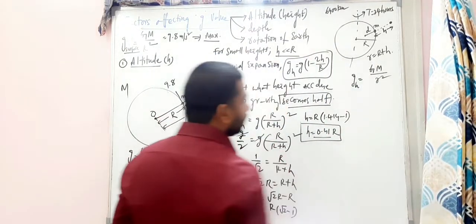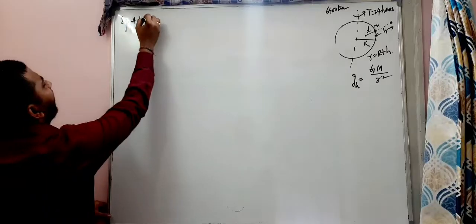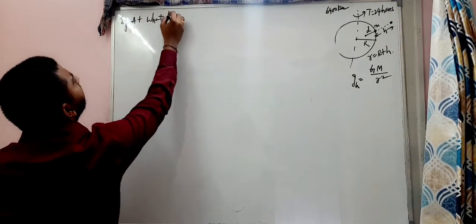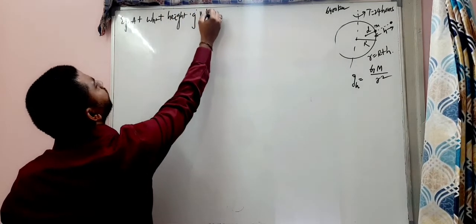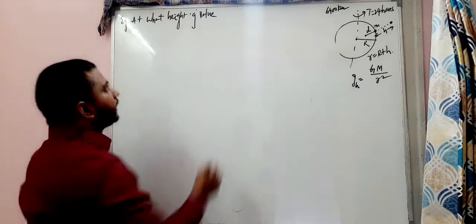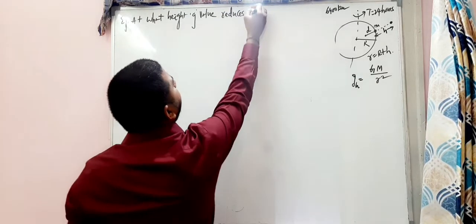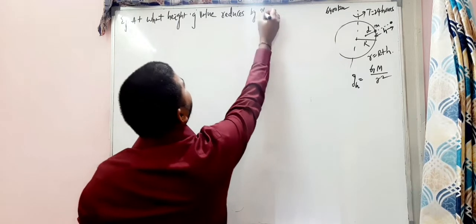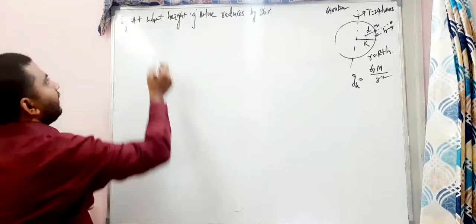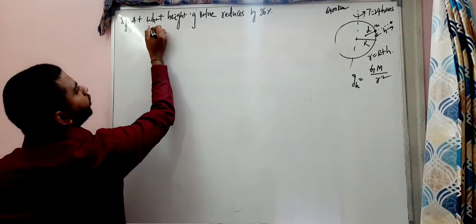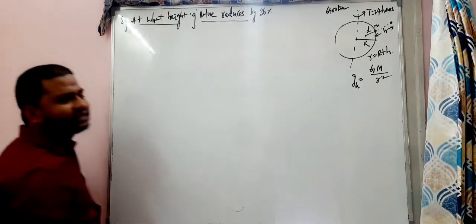They will ask, and that type of questions we'll solve now. At what height does the g value, carefully see, reduce by 36%?